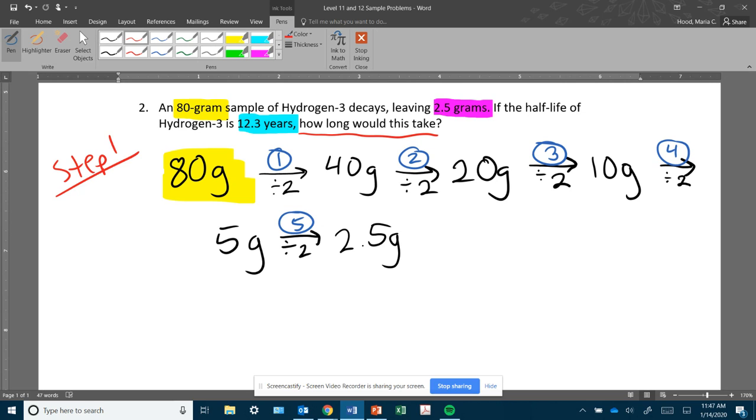Okay, so according to my math, it takes 5 half-lives to decay from 80 grams to 2.5 grams.